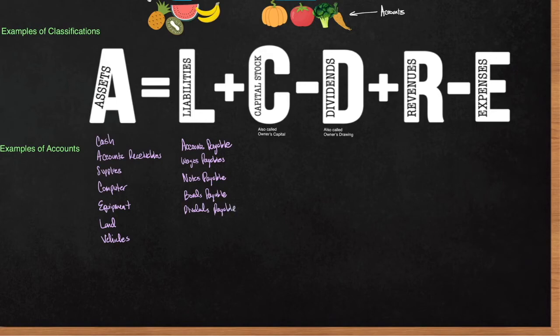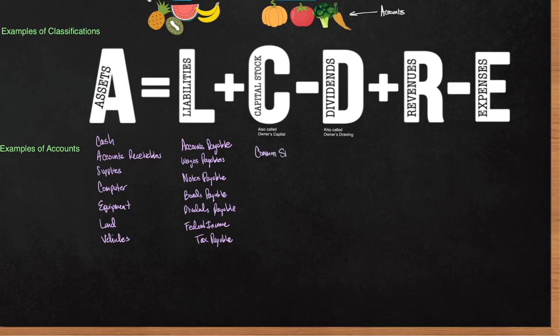Dividends payable is another one. Lots of payables. If you owe someone or an entity money in the future, it is a payable and it is classified as a liability. Another big one is federal income tax payable.